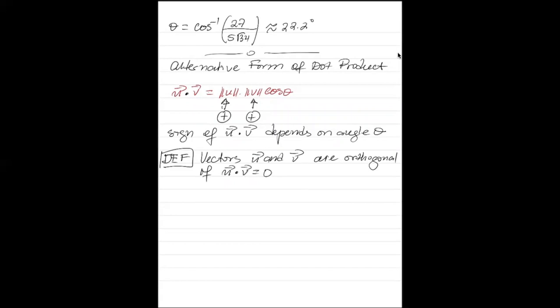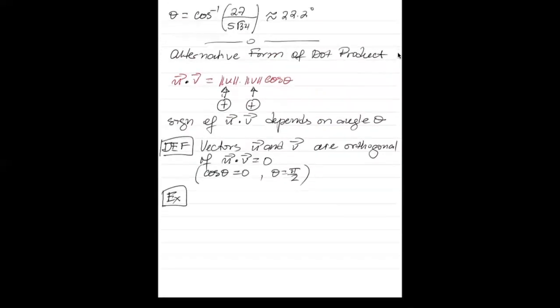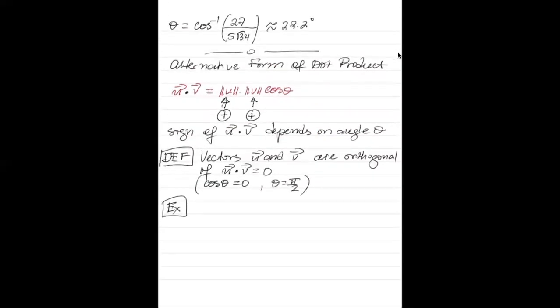The dot product will be 0 when the cosine of the angle is 0, and that is when the angle is pi over 2. So if the angle between two vectors is 90 degrees, then the vectors are called orthogonal. And we can determine whether they are orthogonal or not without drawing the picture, just by calculating the dot product.